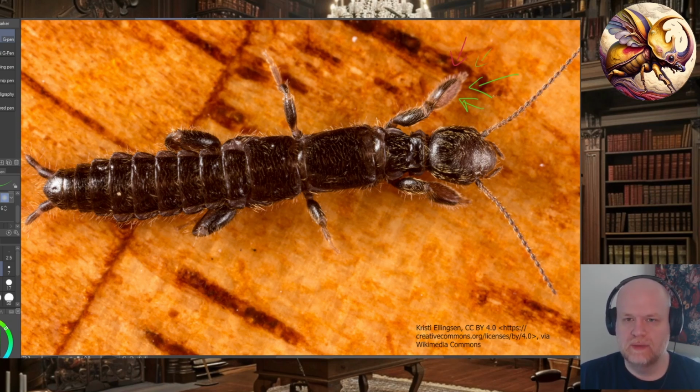And this is where they get the name web spinners, because they use these silk glands to produce silk galleries for their colonies. And their colonies tend to be underground or under rocks or under bark, leaf litter. They will conceal the colonies. They live colonially, and then they work together to produce these silken tunnels.